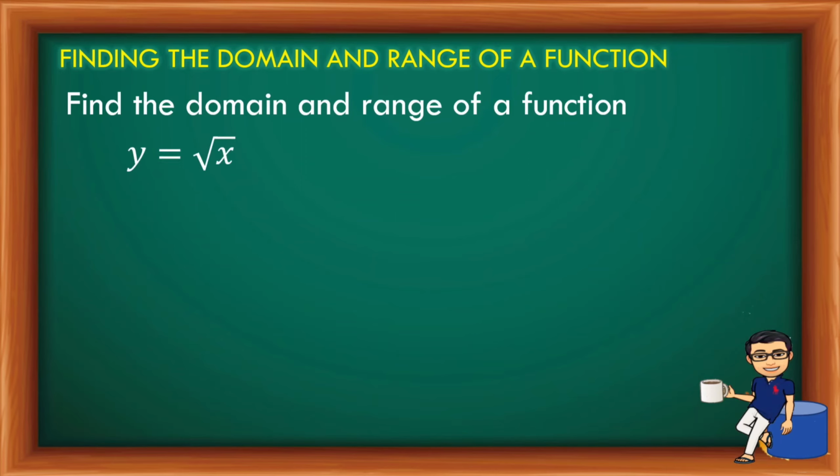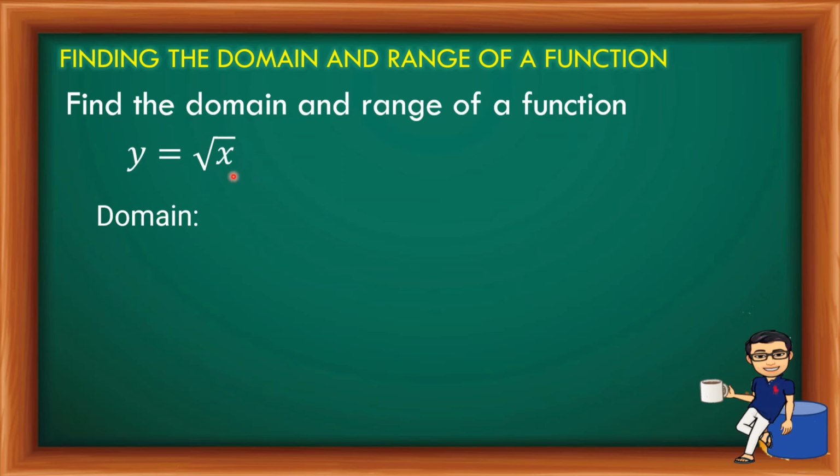Paano kung ganito na yung given, y is equal to square root of x. So, may radical symbol na. Pasok na ito dun sa second restriction uli. Bawal maging negative. Therefore, ang pwede lang natin i-substitute dyan ay 0, 1, 2, 3, 4, and 5, and so on.